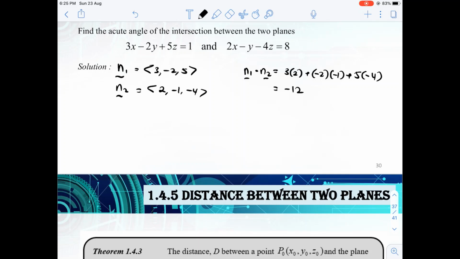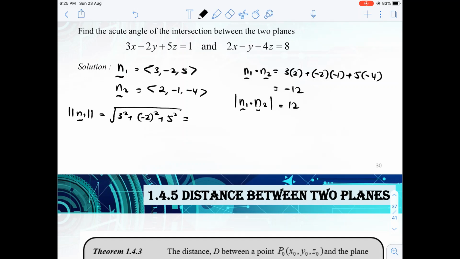Next, we need to take the modulus of n1 dot n2. It becomes 12. Okay, now we need to find the magnitude of n1. It means square root of 3 squared plus -2 squared plus 5 squared.